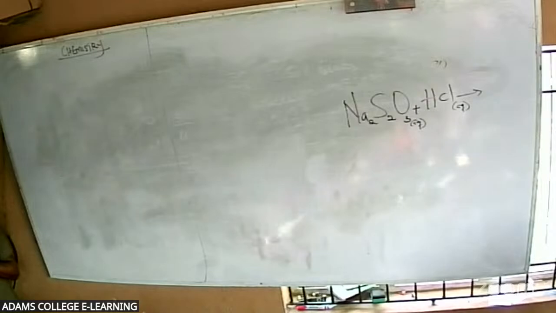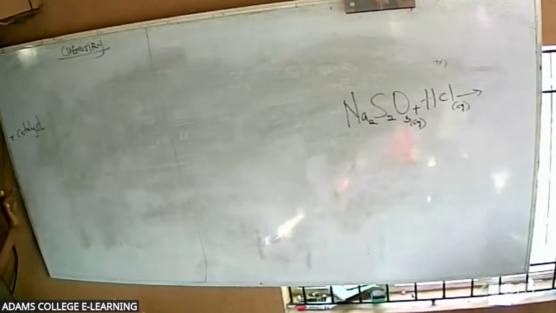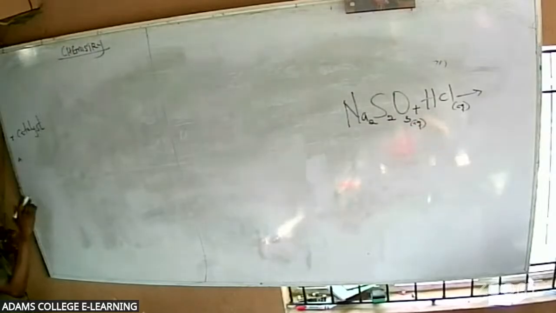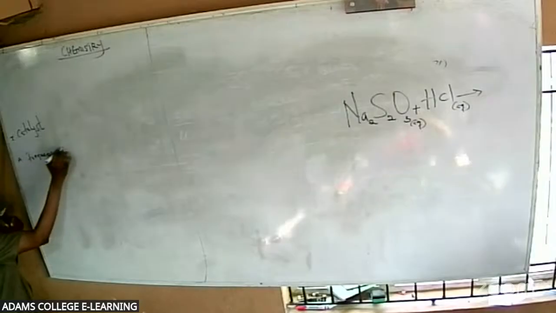Number one is catalyst, and what does the catalyst affect? Activation energy. So you can either lower or increase. Then what's the second factor? Frequency of collision.